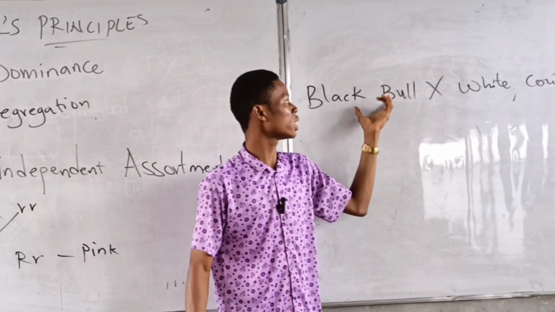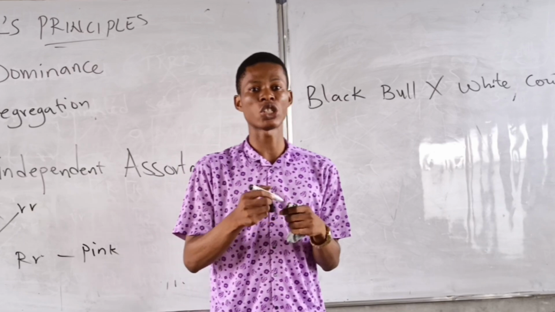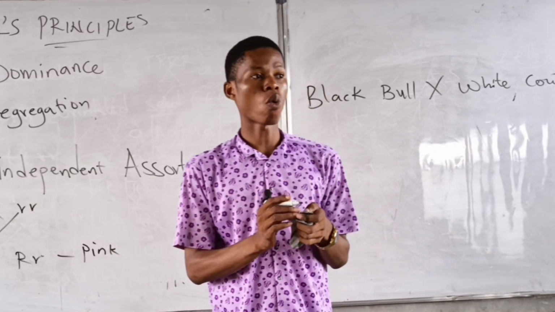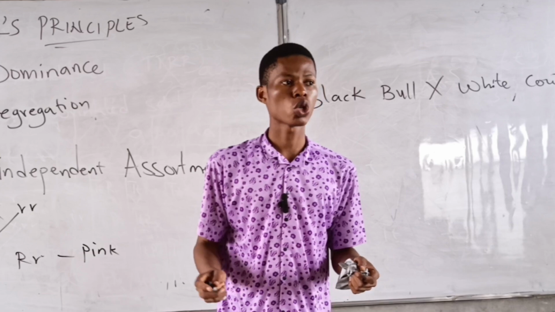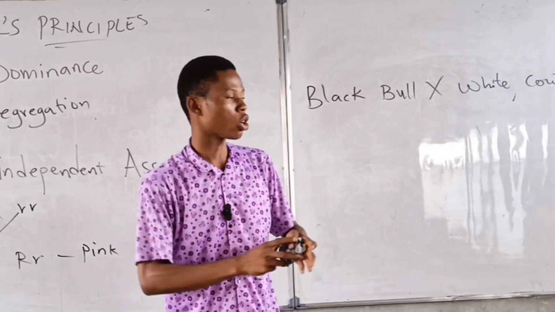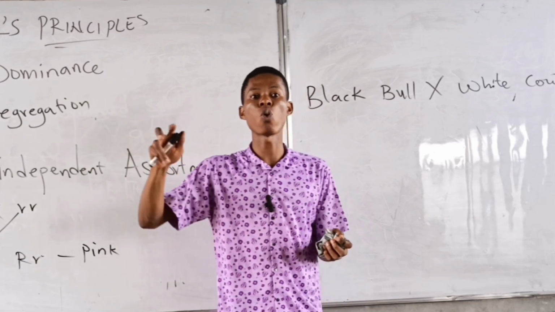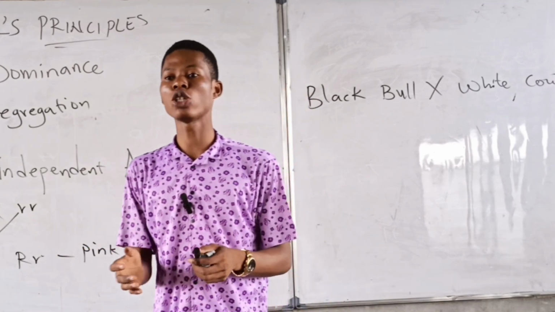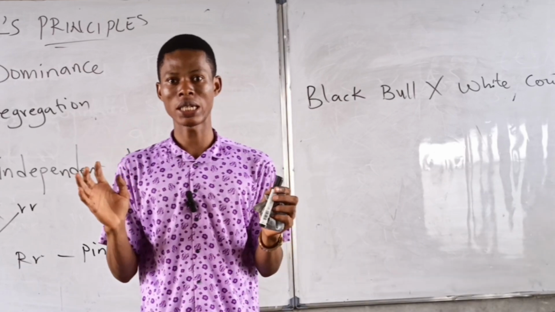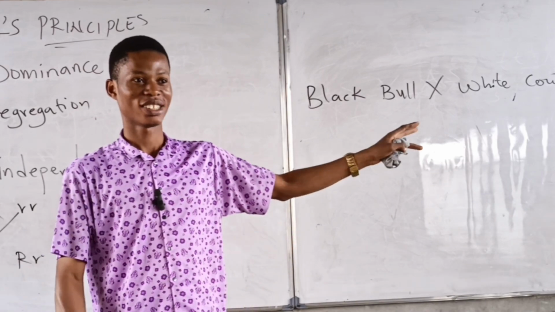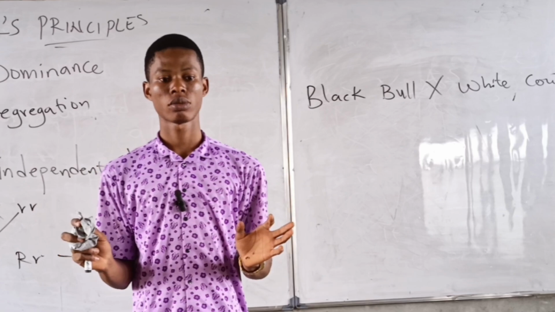So if you cross this, the offspring you are seeing has black and white patches. That is, both of them are dominating, right? Yes. So we call it codominance because this one is showing, this one is also showing. That is the case of codominance. But incomplete dominance, we have an intermediate color. Do you understand that? Maybe ash. That will be incomplete dominance. Do you understand that? Any questions?